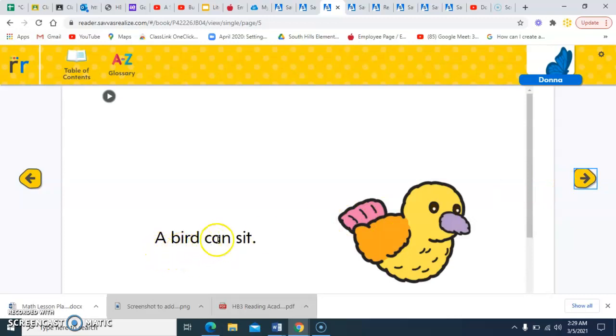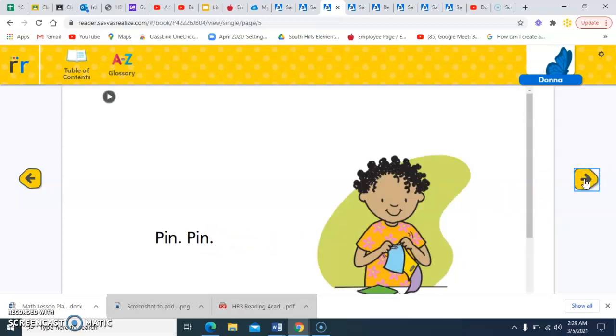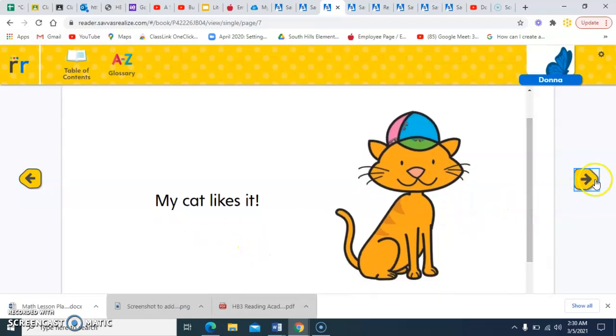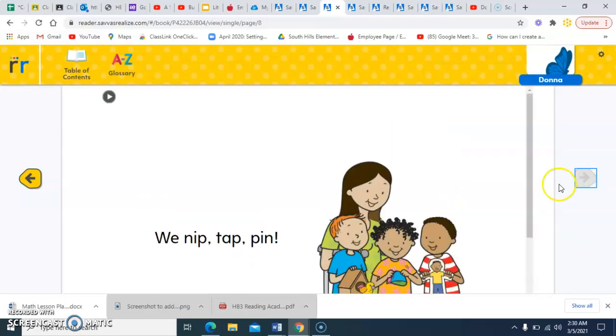A bird can sit. In pen. My cat likes it. We nip, tap, pen. And that's the end of the story.